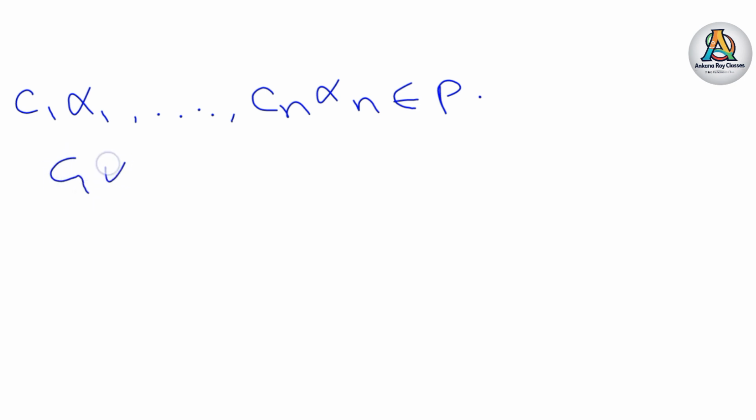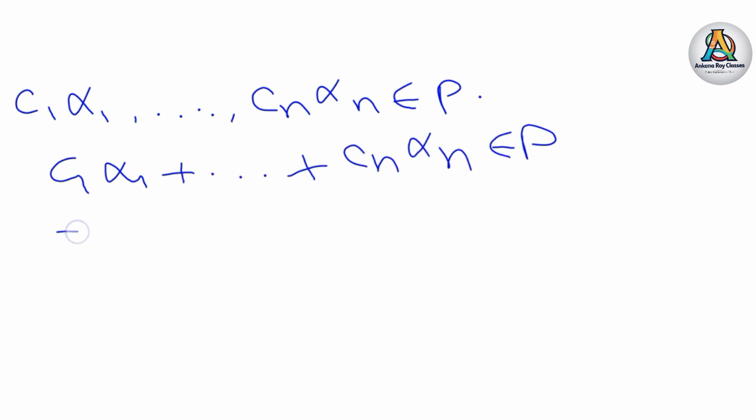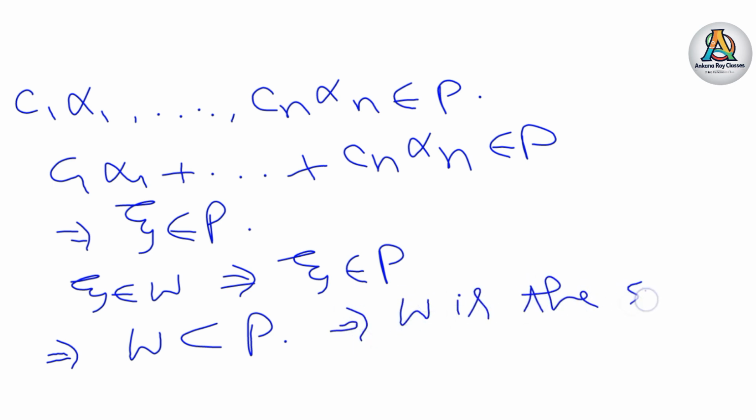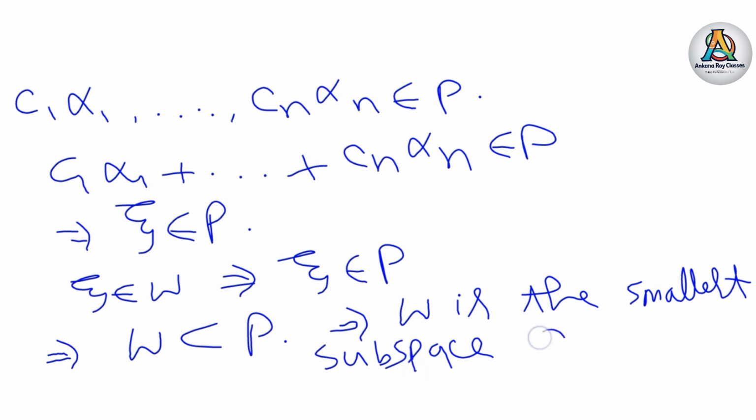Therefore, C1 alpha 1 plus C2 alpha 2 up to plus Cn alpha n also belongs to P. This implies Xi belongs to P. So, Xi belongs to W implies Xi belongs to P, that is W is a subset of P. And this is true for any subspace of V containing the set S. So, W is the smallest subspace containing S.